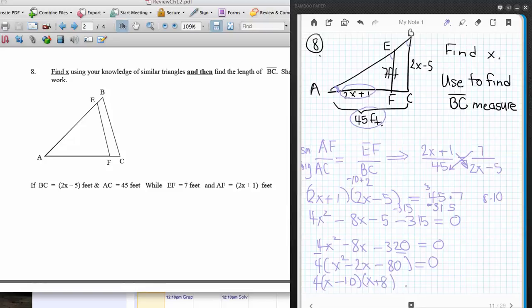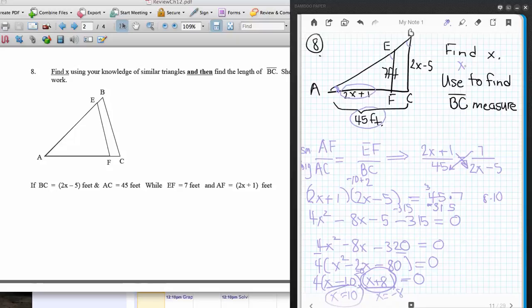Now because these are going to be set equal to 0, this one is going to give me an extraneous solution because it's going to give me x is equal to -8. And setting this one equal to 0, I'm going to get x is equal to 10. So here is my x value.